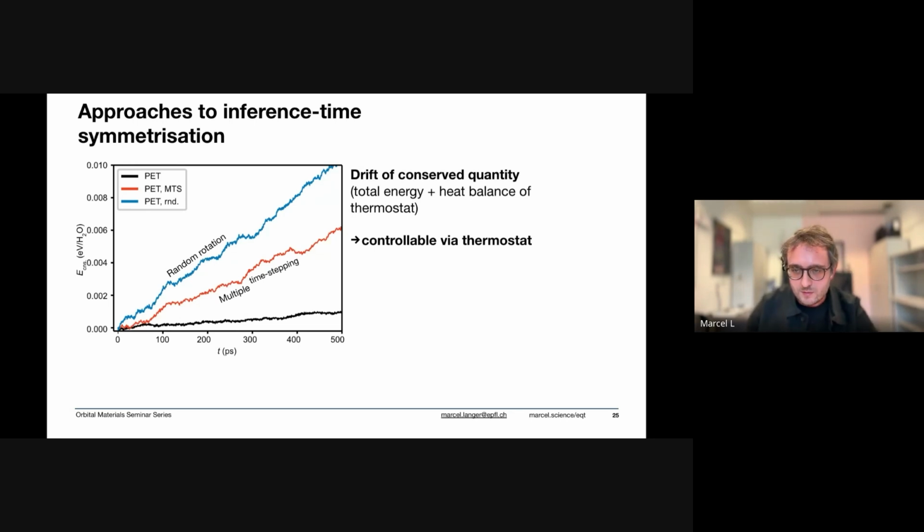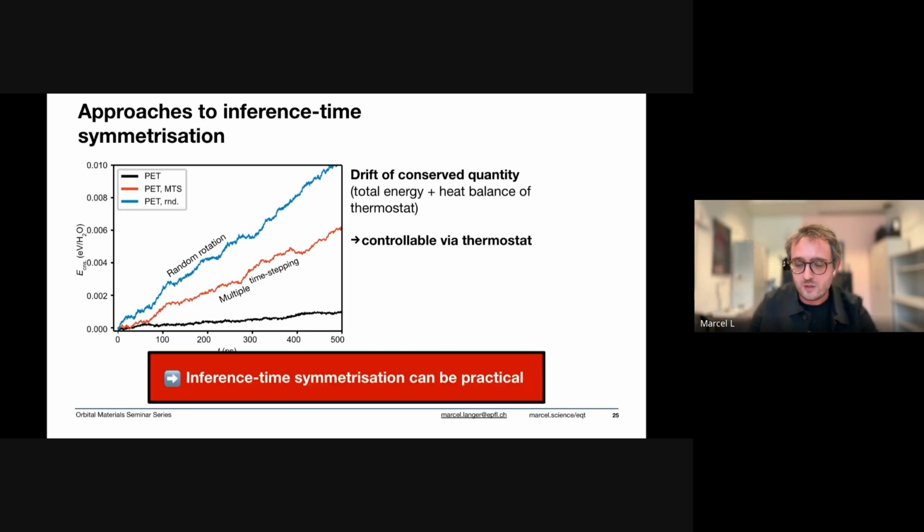And you see that it starts drifting, especially with multiple time stepping or random rotations at every time step, but it's not so terrible. And this is an amount of drift that one can very easily control with even a relatively mild global thermostat. So for molecular dynamics, one can just do tricks like this to reduce the computational cost of averaging to something manageable, to do proper testing of the impact of non-invariance in practice.